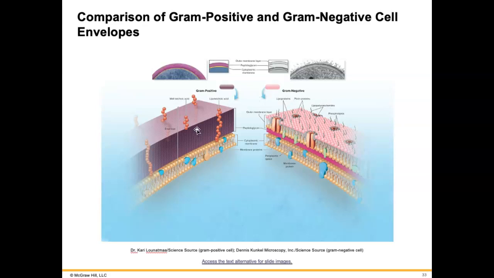And it is important to remember that the lipopolysaccharides are associated with the gram negatives, these things sticking off the cell, and the teichoic and the lipoteichoic acids are the molecules sticking off of the gram positive.